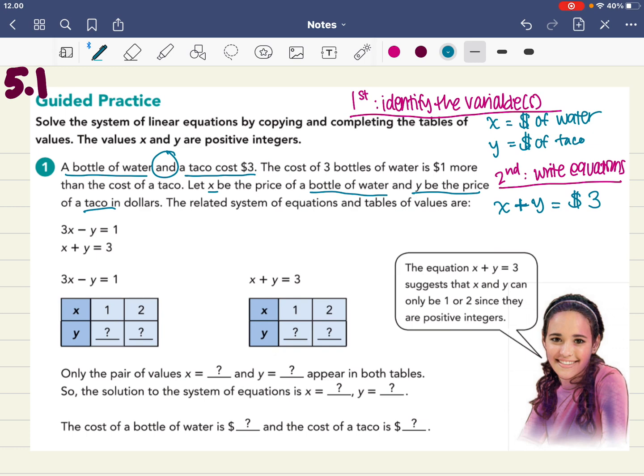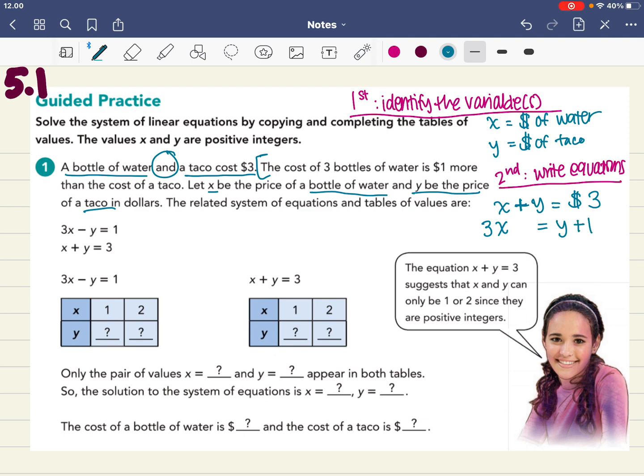Okay, and they gave us another equation here. It says the cost of 3 bottles of water is $1 more than the cost of a taco. So the cost of 3 bottles of water, so 3x, is $1 more than the cost of a taco. So they say equals to y plus 1.